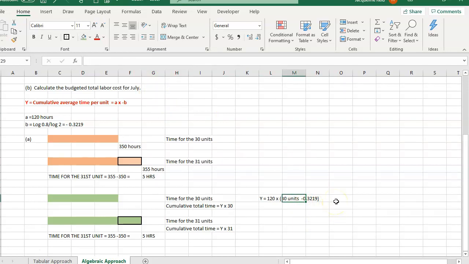Really it's supposed to be raised to the power, but I'm not getting an opportunity to do so. But anyway, let's work the figures. My calculator is nowhere in sight and my phone died, so let me give you the figures. It works out to be 40.14 hours.